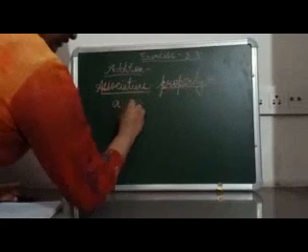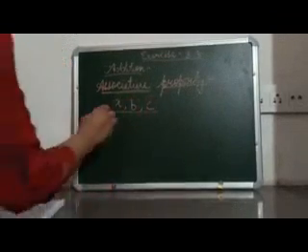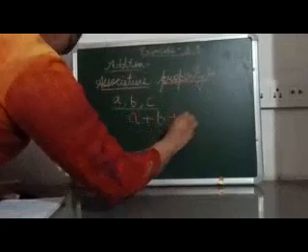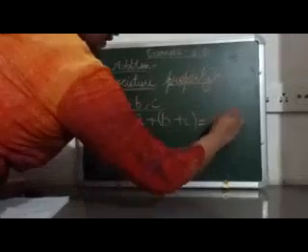Suppose we are having 3 integers a, b and c. So if I add a plus b plus c, and if I do the grouping like this, then this sum will be equal to the sum if I do the grouping like this.